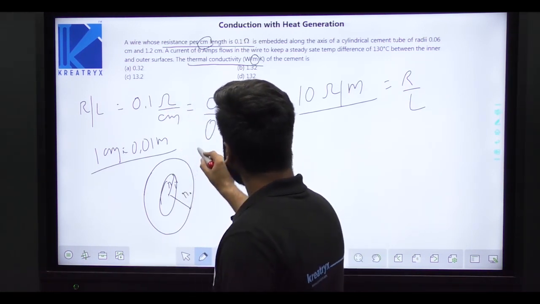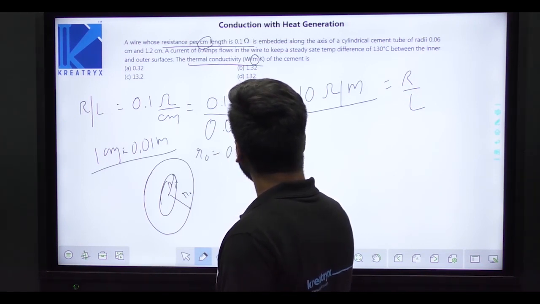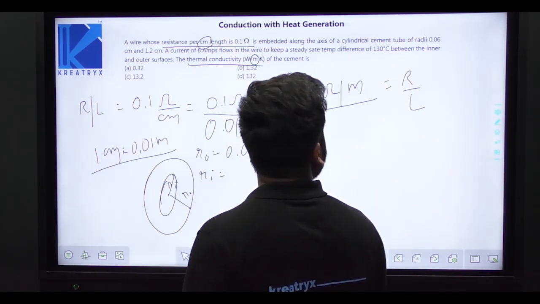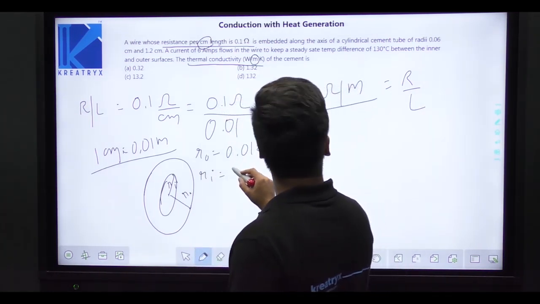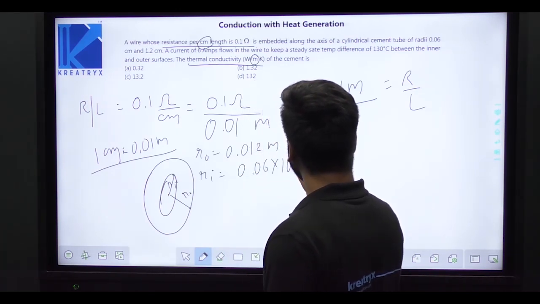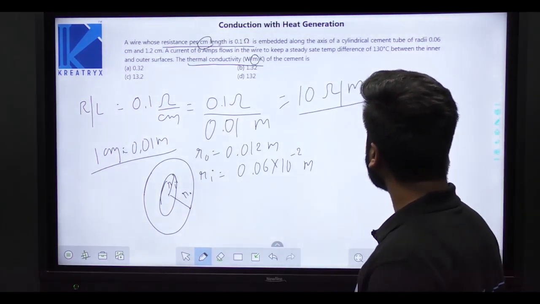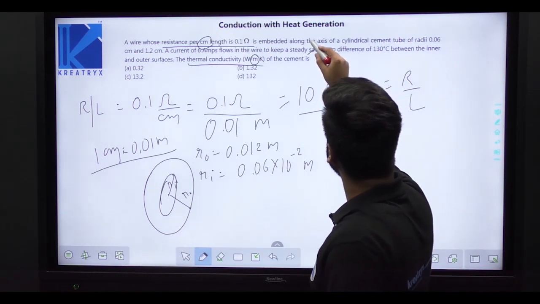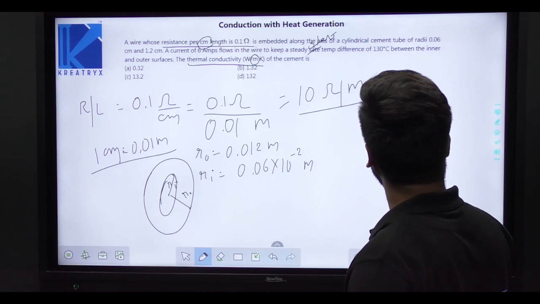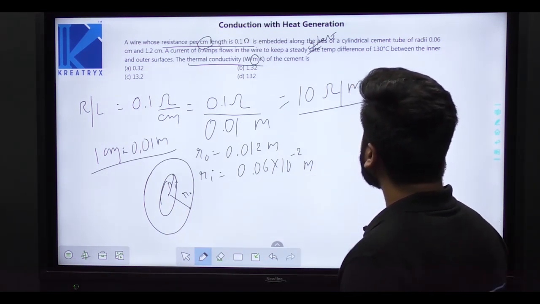R naught is 1.2 centimeter, that is 0.012 meter, and Ri is 0.06 centimeter, that is 0.06 into 10 raised to minus 2 meter. A current of 6 amperes flows in the wire to keep a steady state temperature difference of 130 degrees Celsius between the inner and outer surfaces. The thermal conductivity of the cement is?